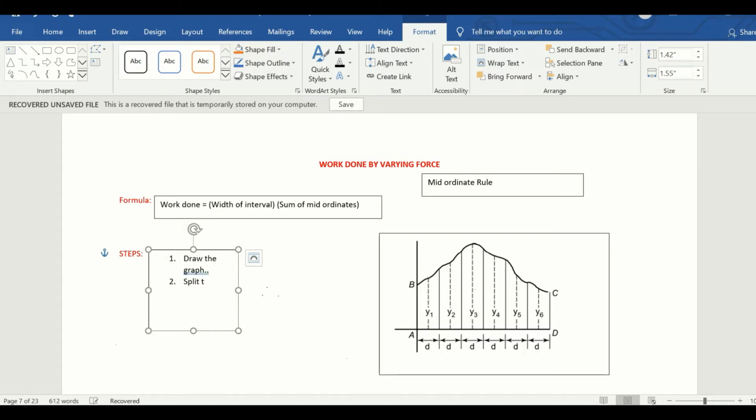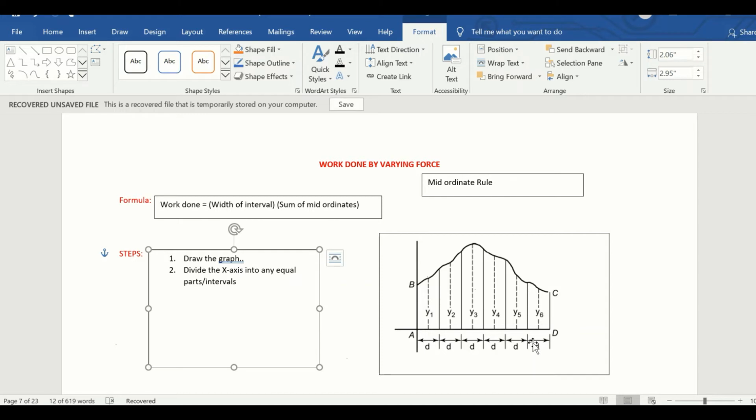Step 2, we split or divide the x-axis into any equal parts or intervals. In this case, it is 1, 2, 3, 4, 5, 6.